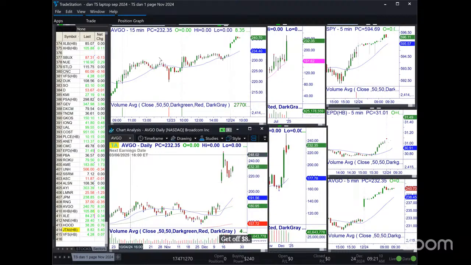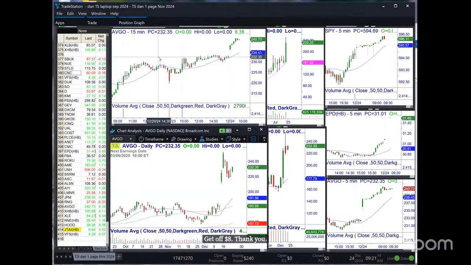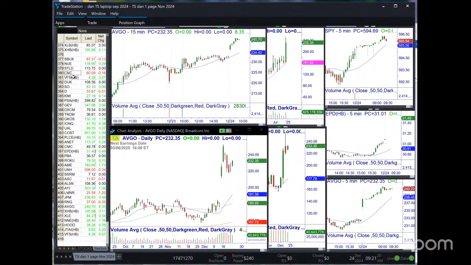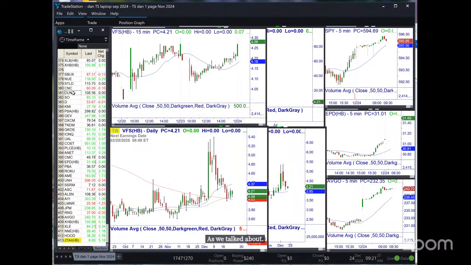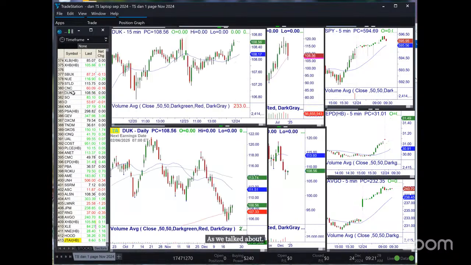But that gap is from a nice 15-minute base. VFS we talked about. Duke, another Climo with a multiple bar turn at 200.